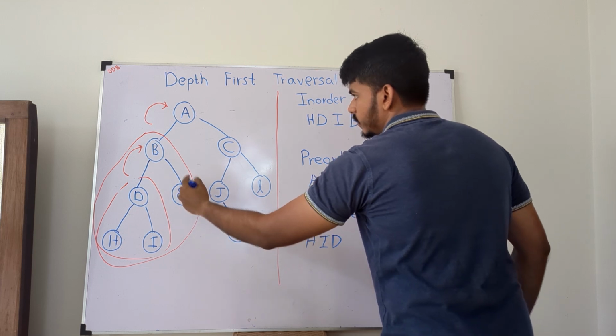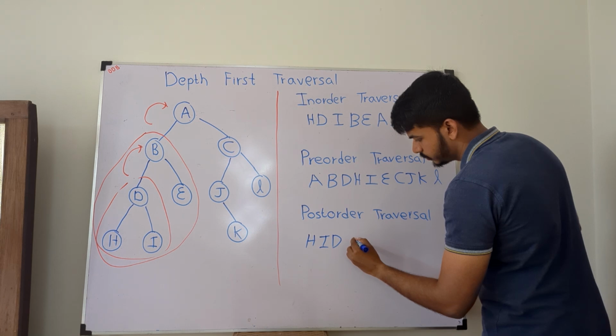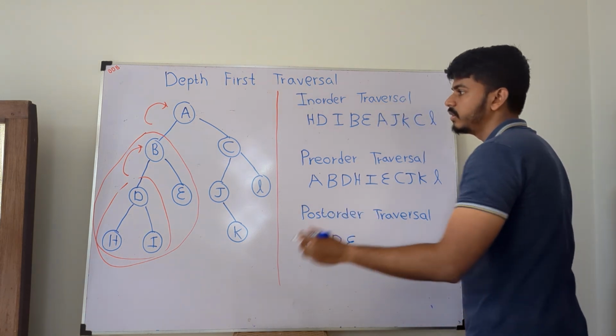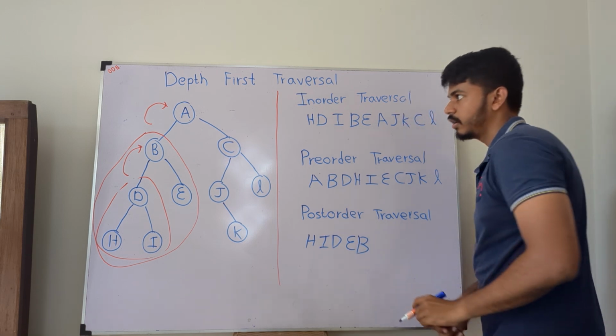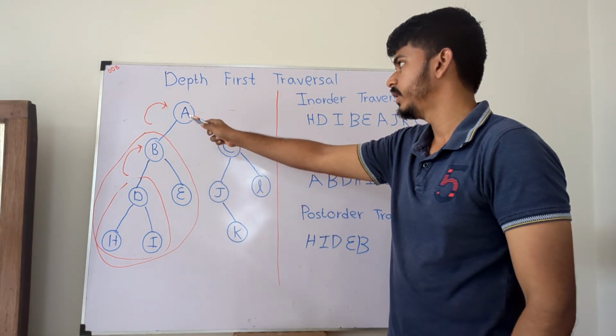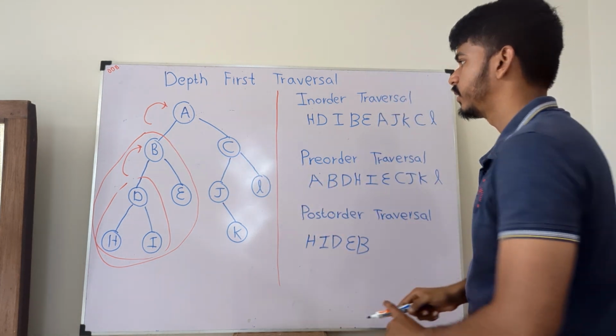Move to the right child of B which is E. Then the node B.